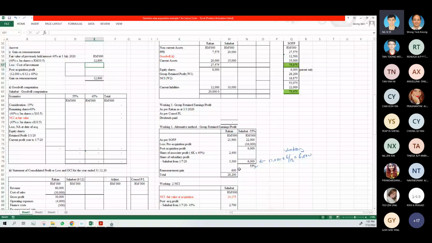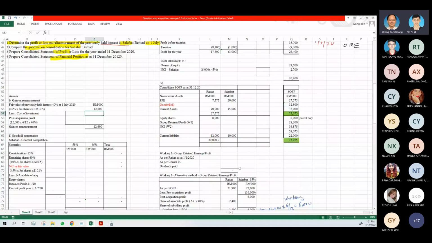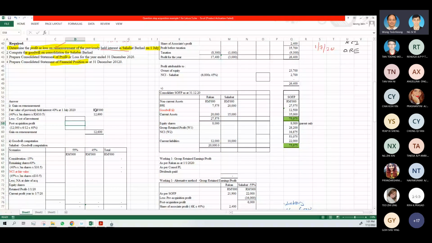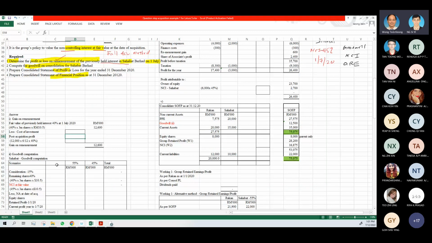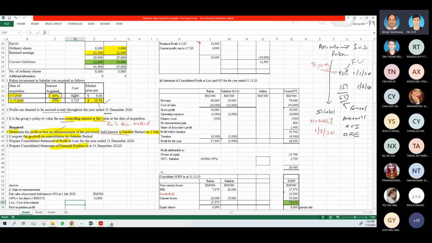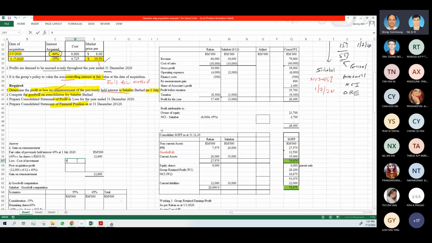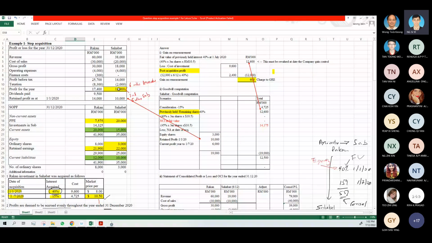Okay. Then we have to compute equity accounting until 1st July 2020 to share the profit. So cost of investment you are paying here is 9,600 for 40%. So we can share the profits. So the profit whole year is 12 million. So 6 months is associate, 6 months is a subsidiary. So there you have 12,000.